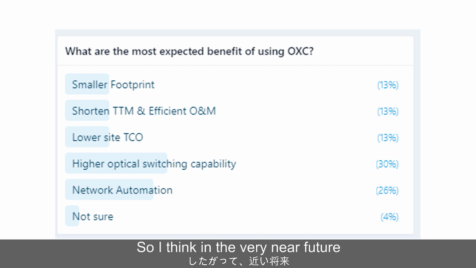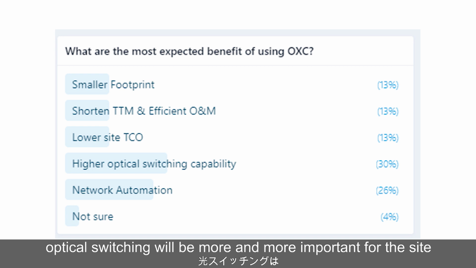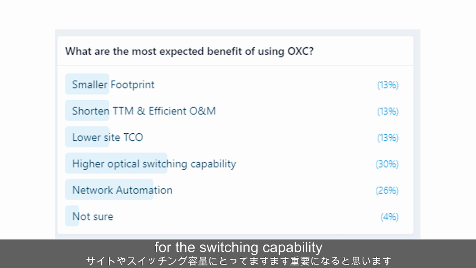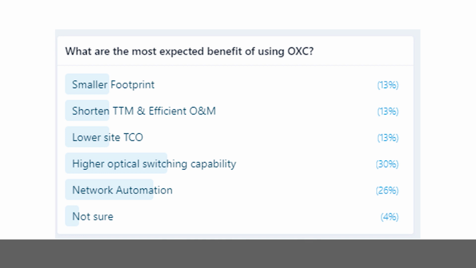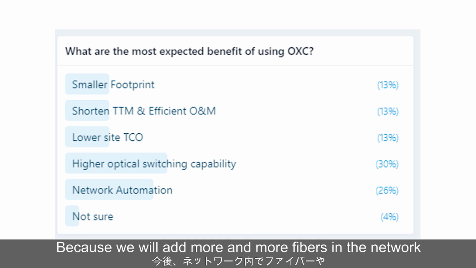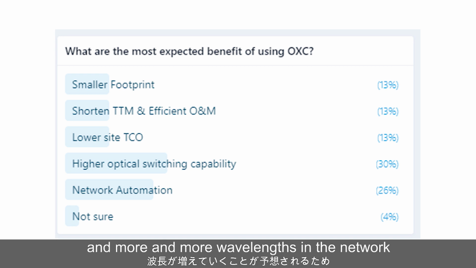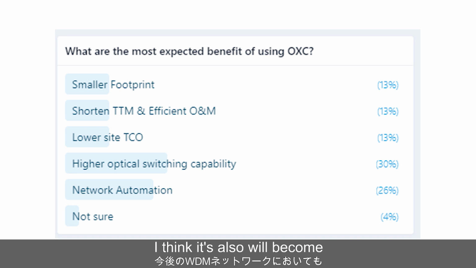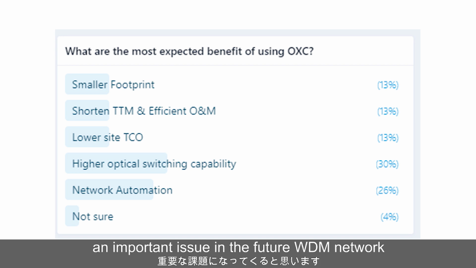So I think in the very near future, optical switching will be more and more important for the switching capability, because we will add more and more fiber and more wavelengths in the network. So I think it will also become an important issue in the future WDM network.